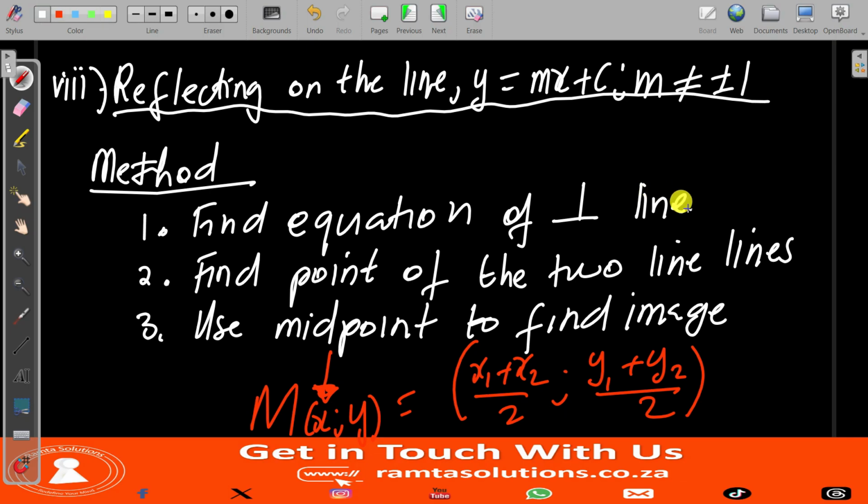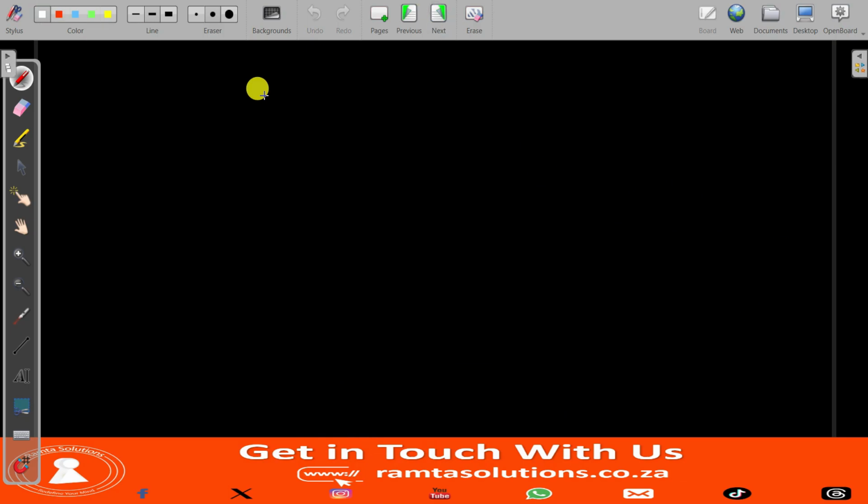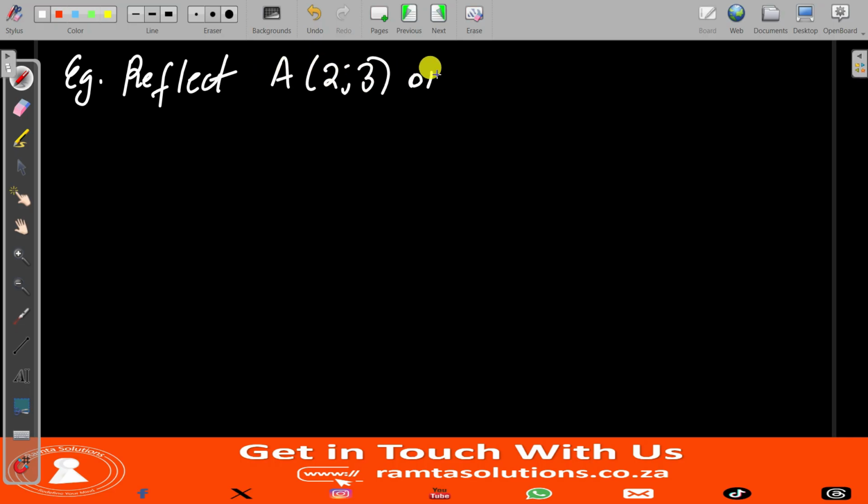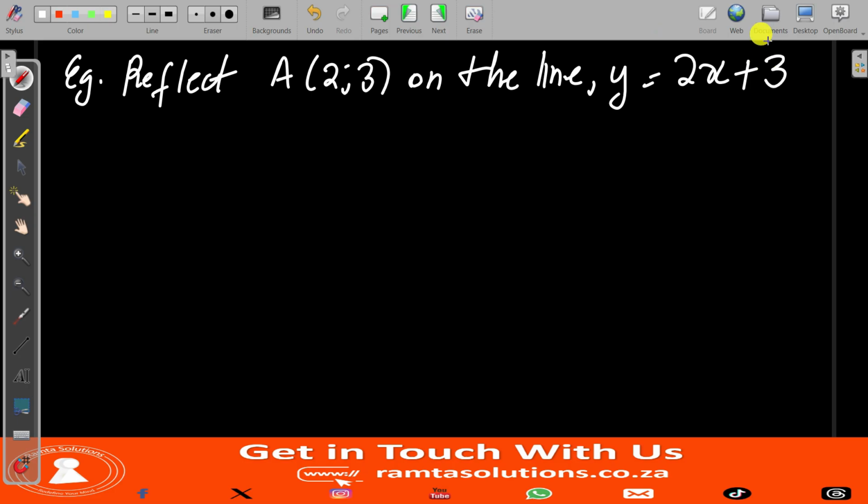Example: reflect A with coordinates 2 and 3 on the line y equals 2x plus 3.